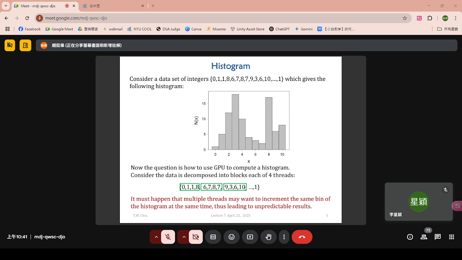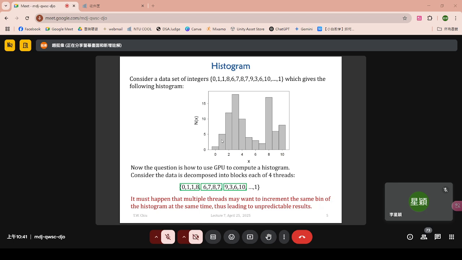Multiple threads may want to increment the same bin of the histogram at the same time. For example, in this block, this thread has a value 1, and this thread has a value 1. So both threads will try to increase the histogram of bin 1 by 1 at the same time.